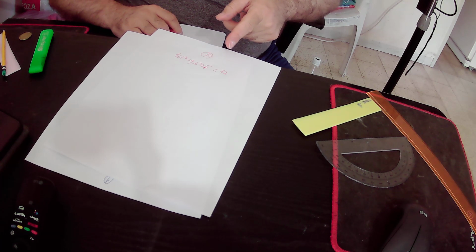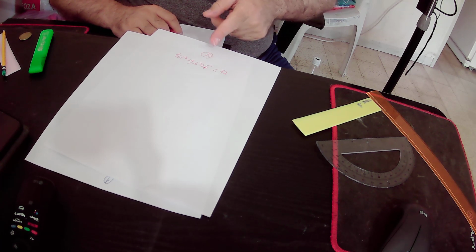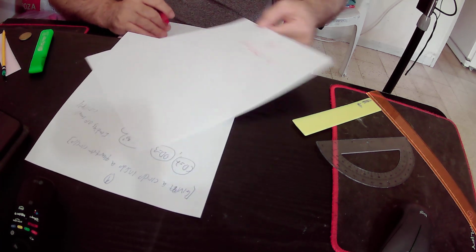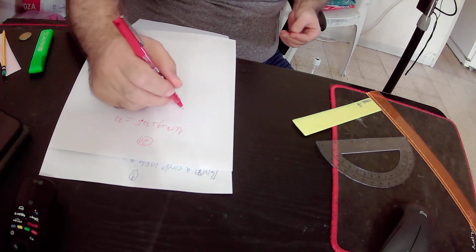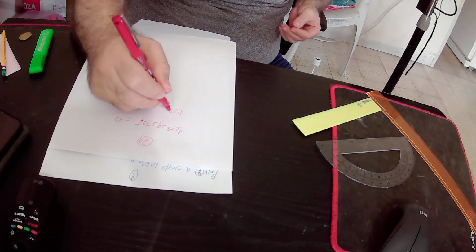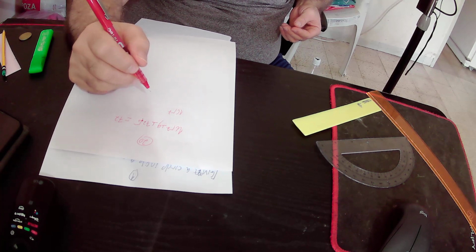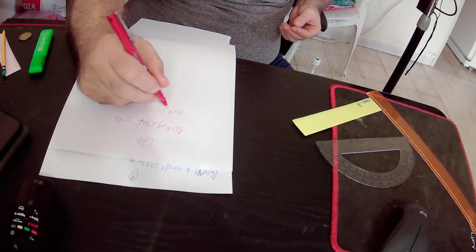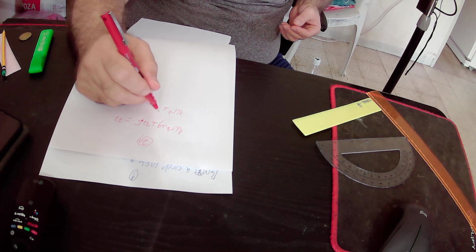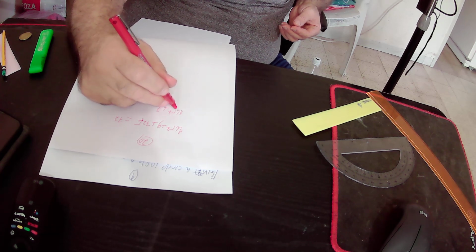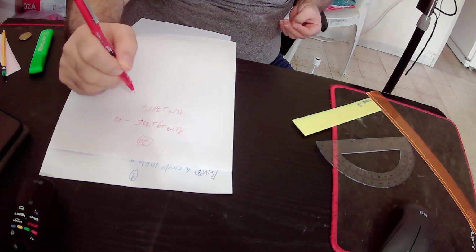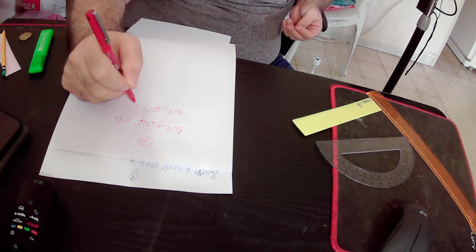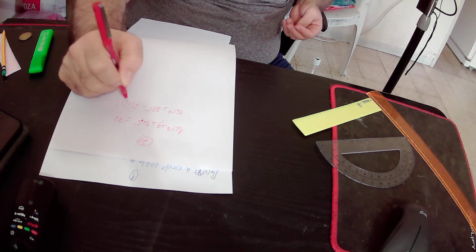Here we will subtract 72 from this equality, and we will get that 16r squared plus 72r minus 63 equals to 0.